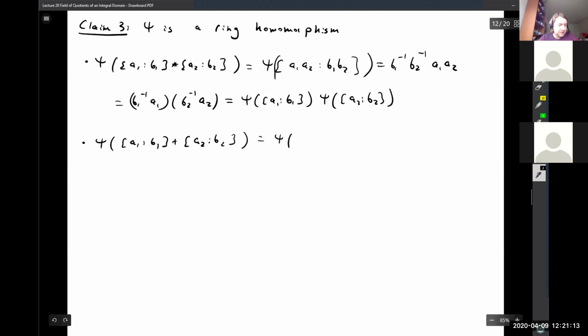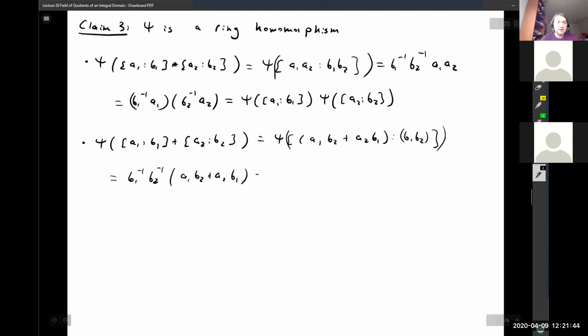We get psi applied to the following quotient: a1 b2 plus a2 b1 over b1 b2. That's b1 inverse b2 inverse multiplied by a1 b2 plus a2 b1.